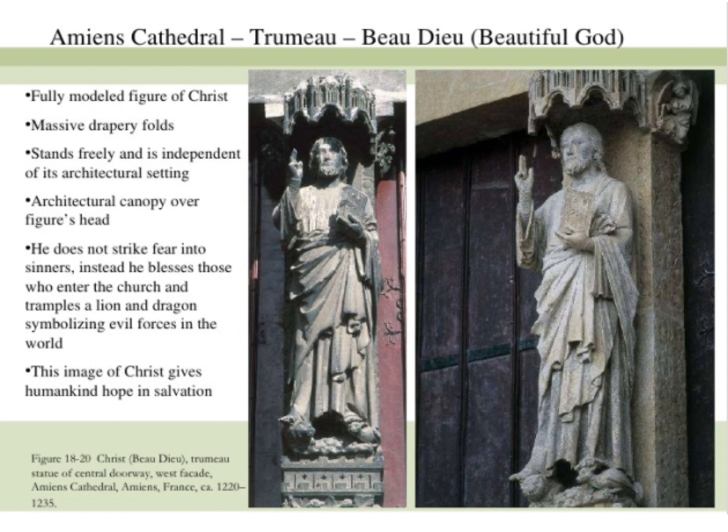Additionally, Jesus holds his hand up with the 2 fingers upright. That's the signal of the benediction or a blessing. And instead of having this serious look that drives fear into sinners, he has a more approachable look to him.